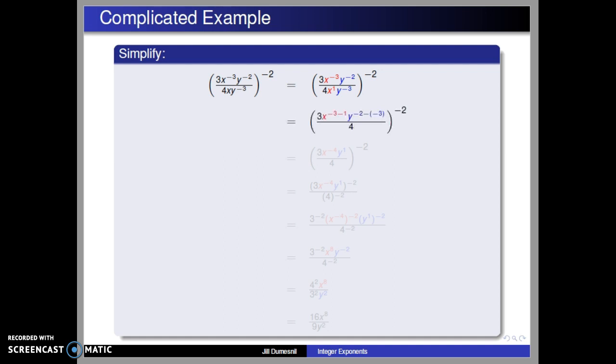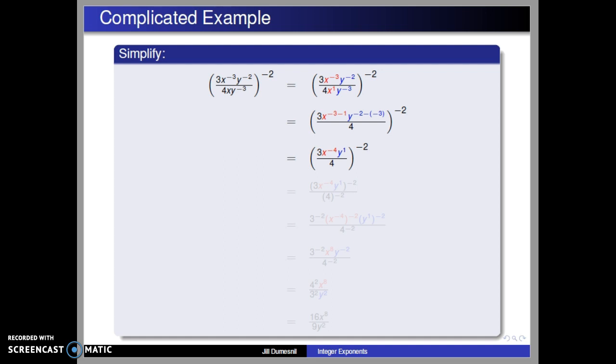So I divide like bases by subtracting the exponents. The power on x is -3 minus 1, and the power on y is -2 minus a -3. Simplifying the exponents produces 3 times x to the -4 times y to the 1 over 4, with that fraction raised to the -2 power.